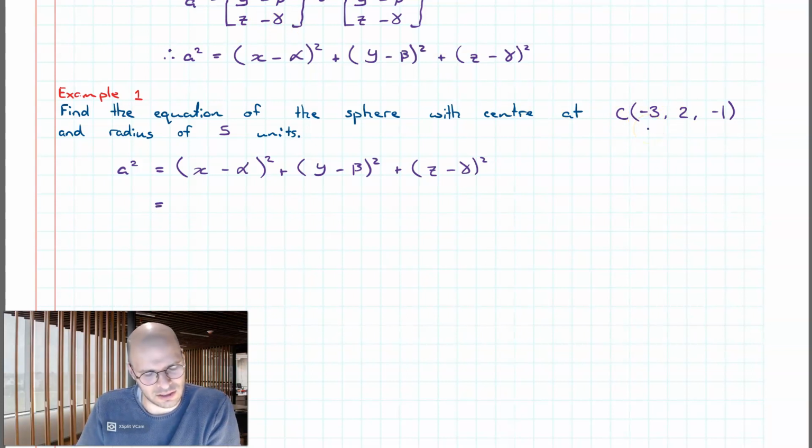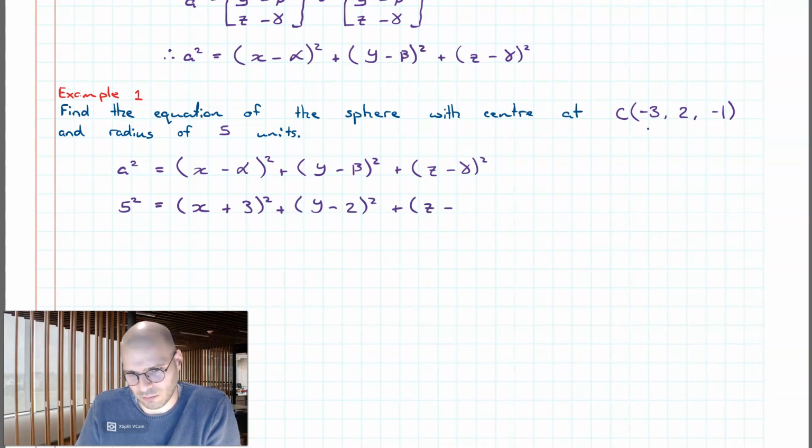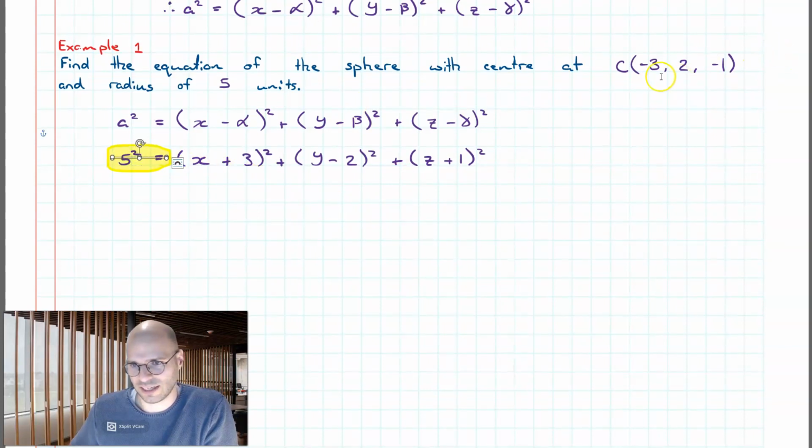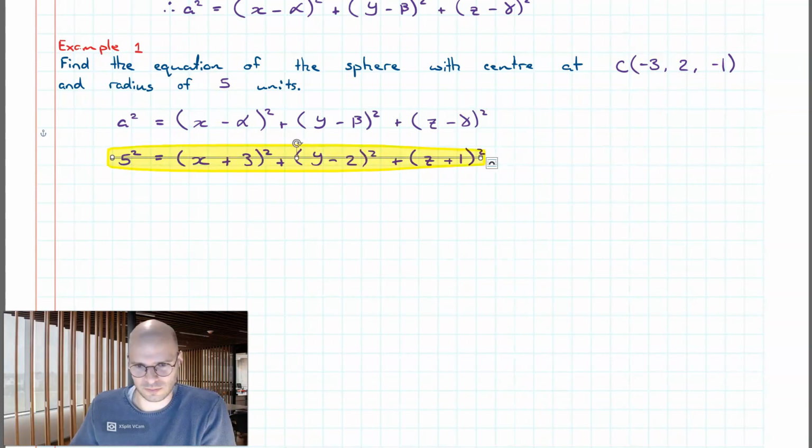Subbing these values in, we're going to get a is equal to 5 because it's a radius of 5, squared, and then we're going to get (x + 3)² + (y − 2)² + (z + 1)² = 5². And thus what we have over here is the equation that models the sphere that has a center of -3, 2, -1 and a radius of 5 units.